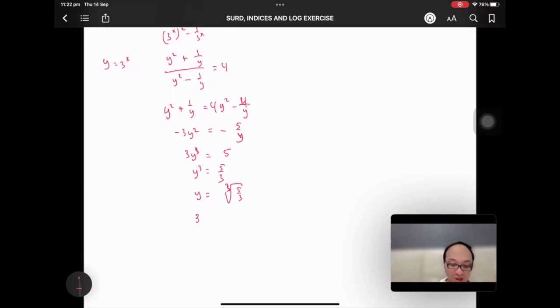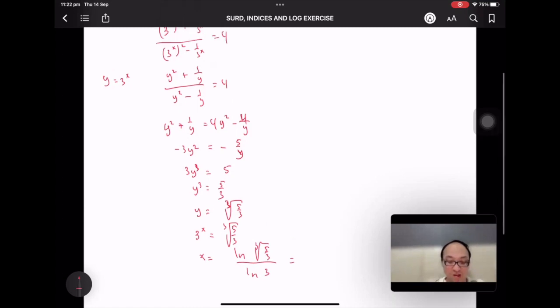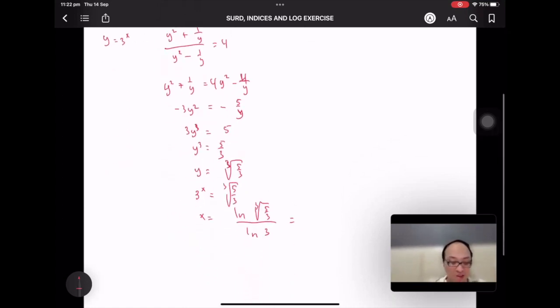And since y is 3^x, x is ln of the cube root of 5 over 3, over ln 3. So, to 3 significant figures or 3 decimal places, it's the cube root of 5 over 3, ln, divided by ln 3. So 0.155, 3 decimal places.